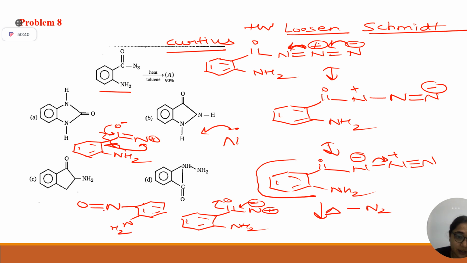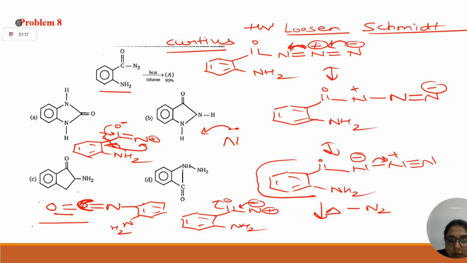One mistake I have made: this will be O double bond C. Clear, students, how I am doing this? If I break this bond, this carbon will have a positive charge, giving C double bond O, double bond N, and the nitrogen is having this migrated R group. This is your Curtius rearrangement. In simplest language, I have told you how to do this rearrangement. I hope till this isocyanate point everyone is clear.